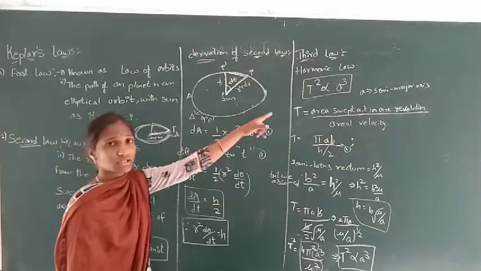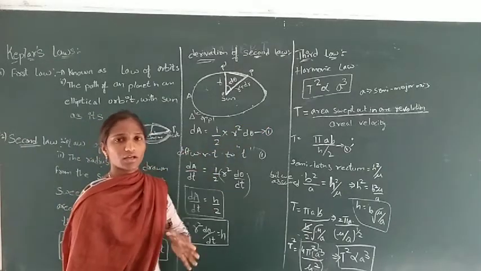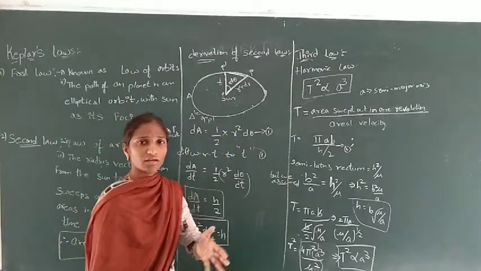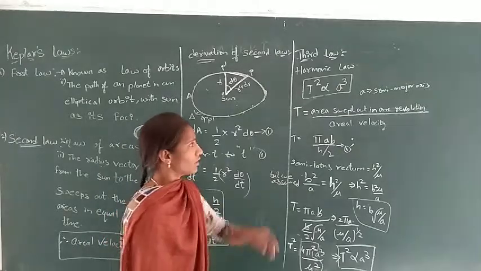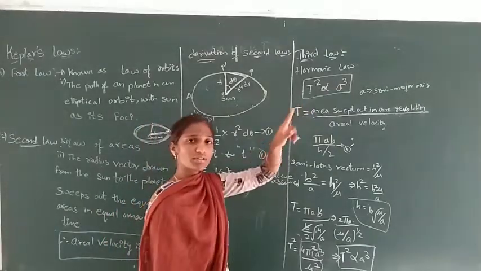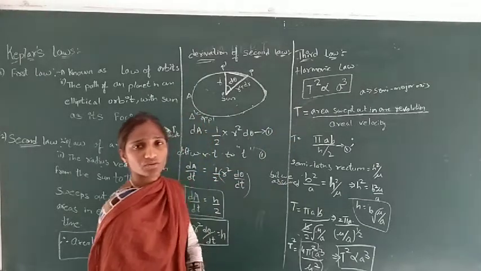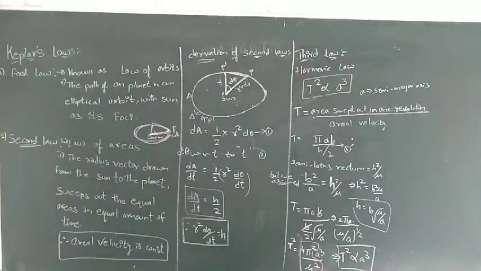Now the third law is the harmonic law, which explains the time period and also the size of an orbit. The square of the time period is directly proportional to the cube of the semi-major axis of an orbit. So this is the derivation and the explanation of Kepler's laws of planetary motion.